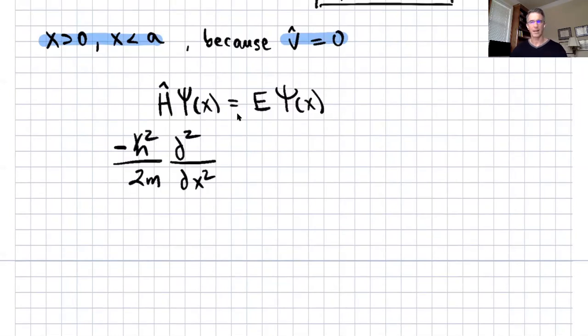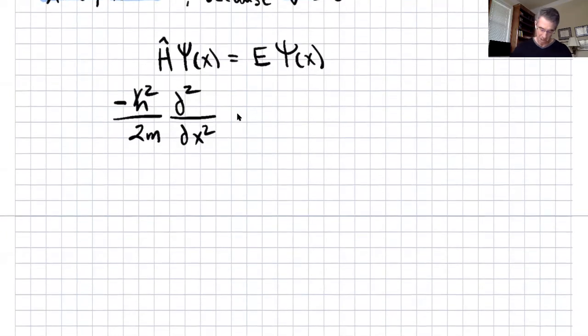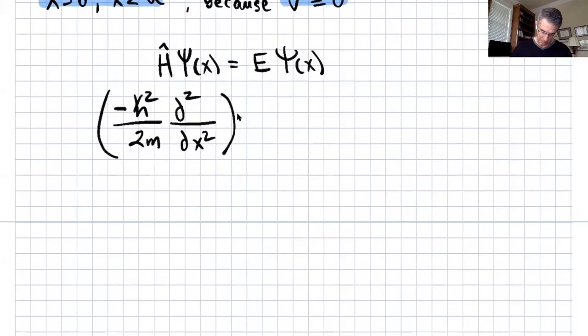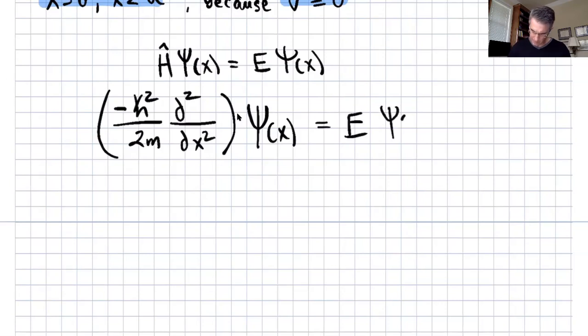It's all just the kinetic energy operator. Cool. So that's our Hamiltonian operator. We apply that to the time independent wave function, just a function of x, and it's going to have to equal E times the wave function again. All we need to do is solve that.